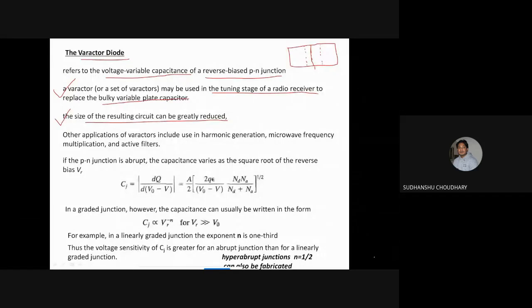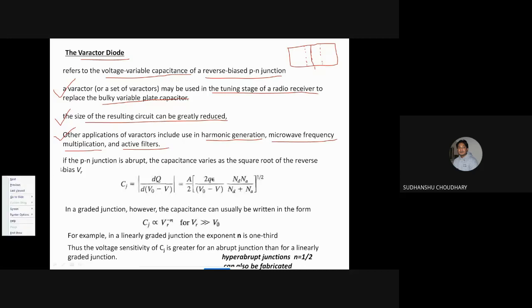So this is one of the benefits, that the size of the resulting circuit can be greatly reduced. Now there are some other applications as well of the varactor diodes. They could be used in harmonic generation, microwave frequency multiplication, and also in active filters.